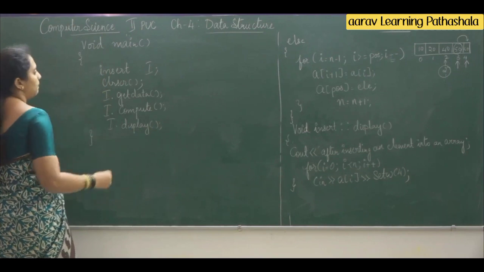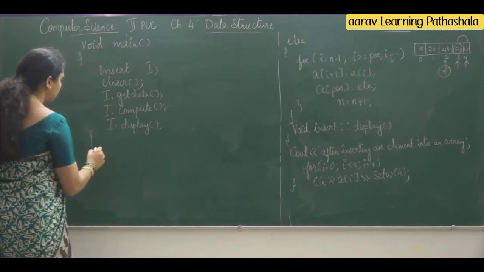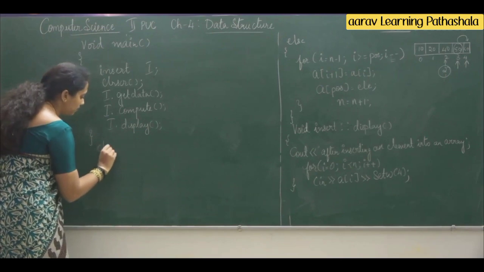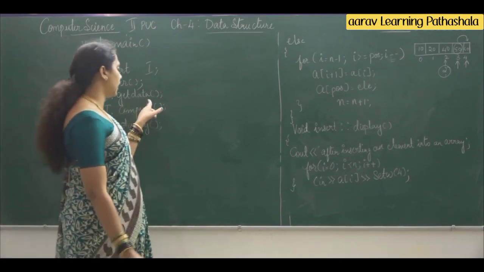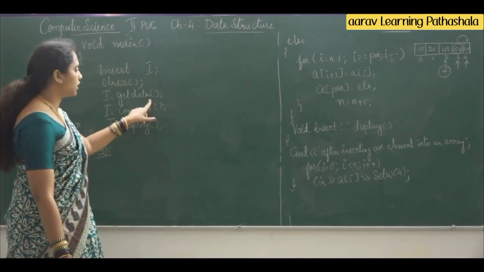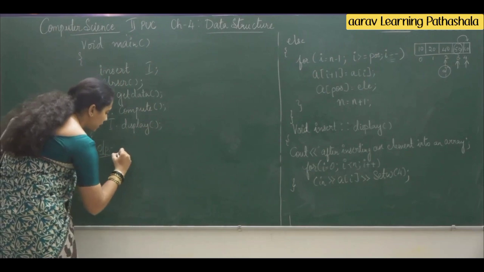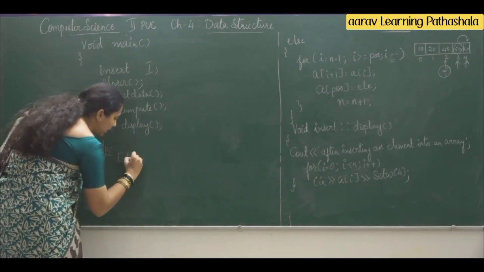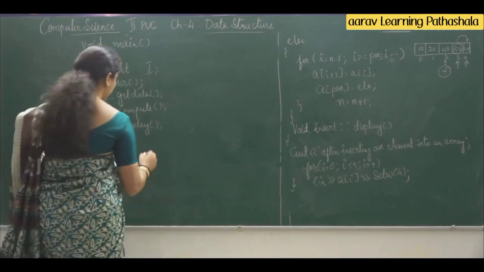Close this main function. So what is the output for this program? So i dot getData. The getData function is called. In the getData function, first we are asking the user to enter the size of an array, right?